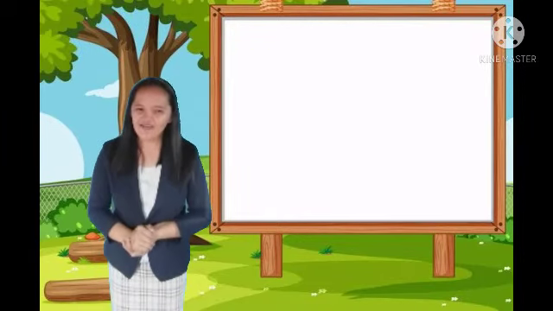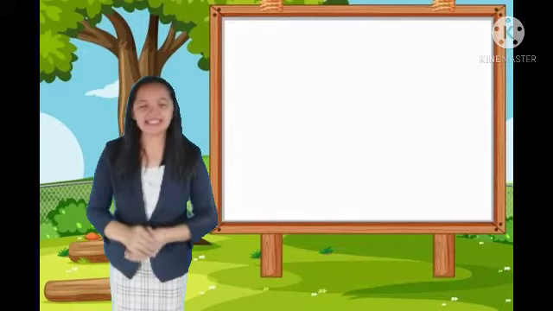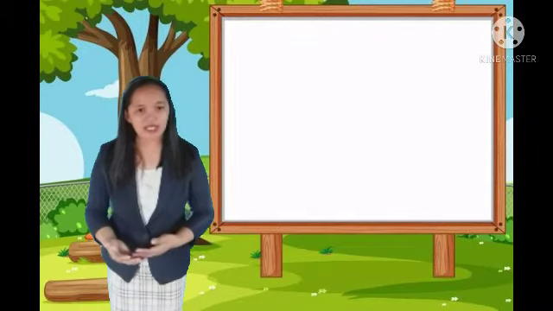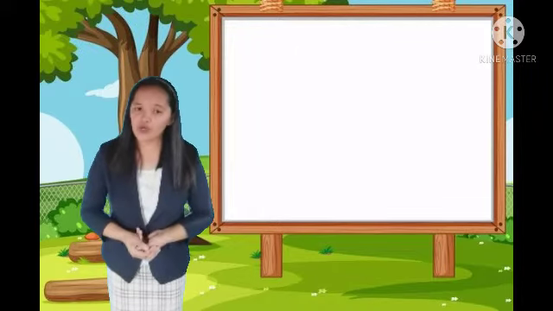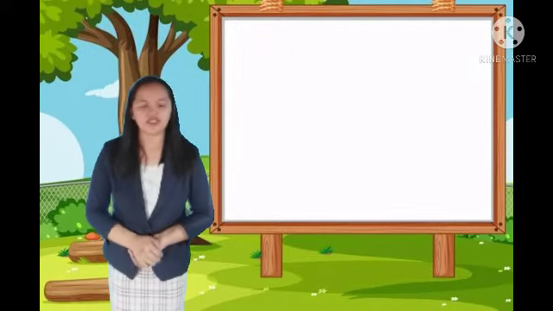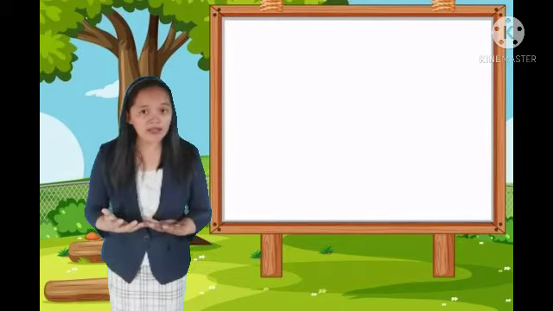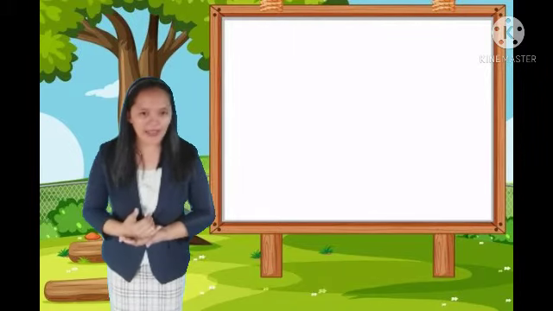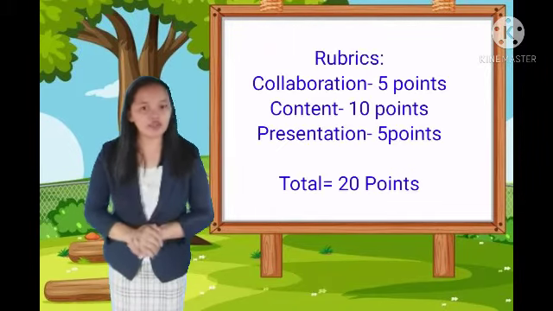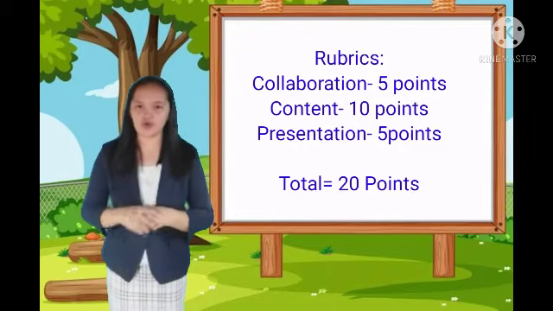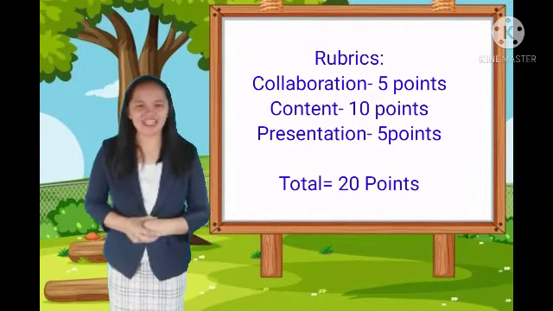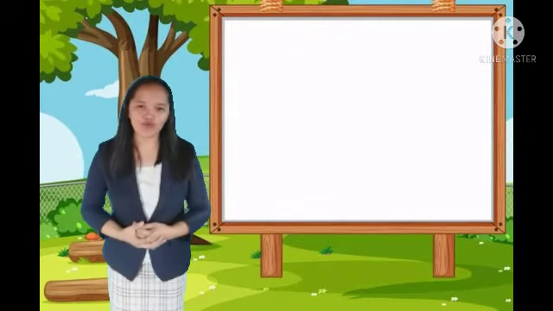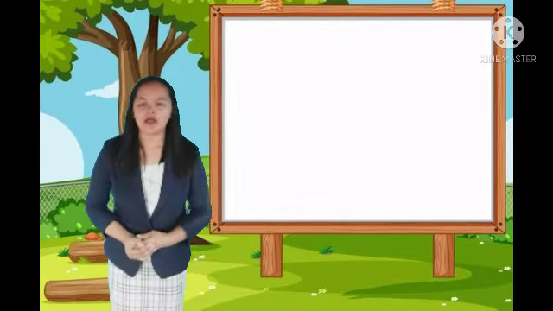After recording your observations and answering the questions, your group leader will present your work in front of the class. This activity will be worth 20 points. And this will be the rubric in giving your grades. Now, leaders, kindly get your materials and listen carefully to the directions.